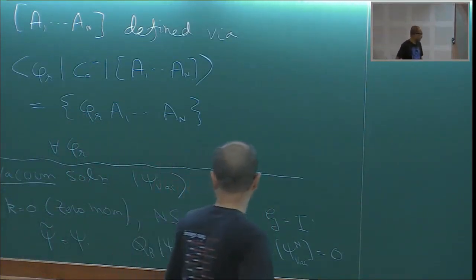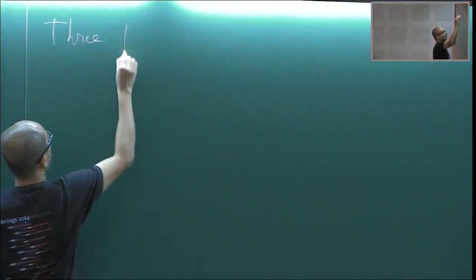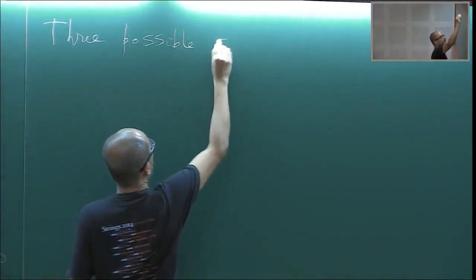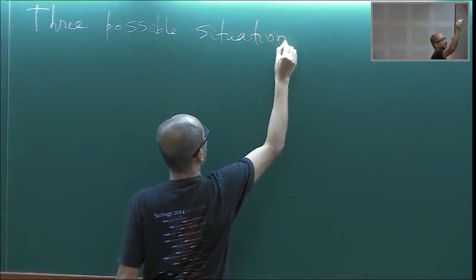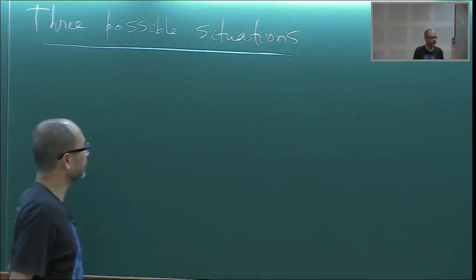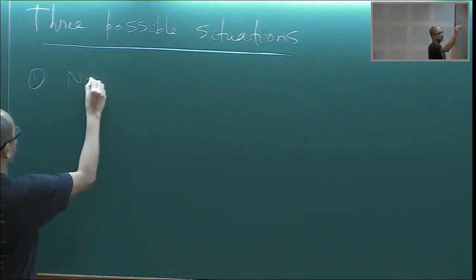So there are three kinds of possibilities, roughly. The first one is that no massless tadpole.